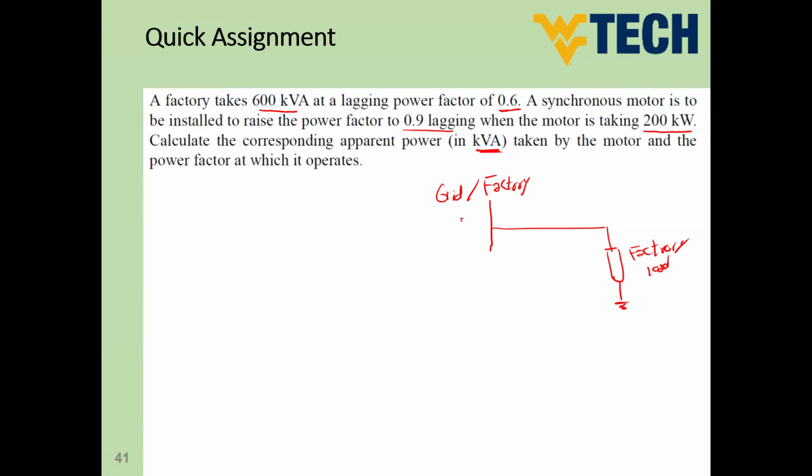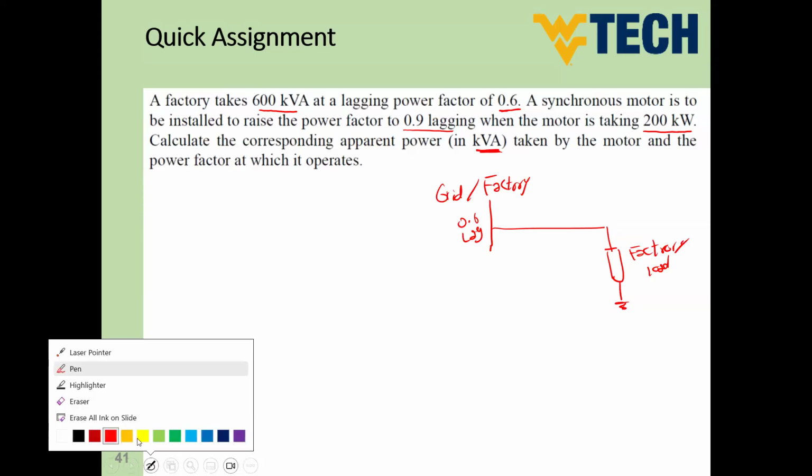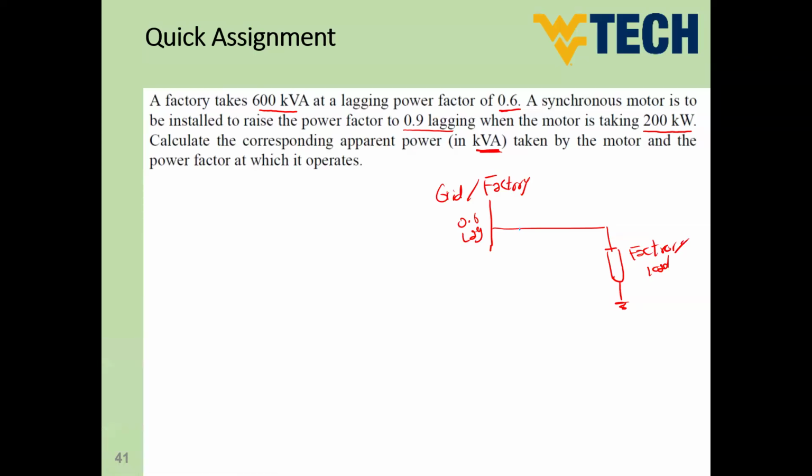And the power factor here is 0.6 lagging. And when you install the capacitor, so this is going to be the capacitor branch. It will absorb some active power of 200 kilowatts, but it will deliver some reactive power you don't know. But this reactive power is going to improve this one to 0.9.